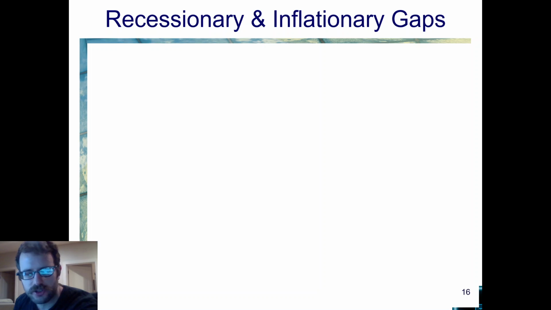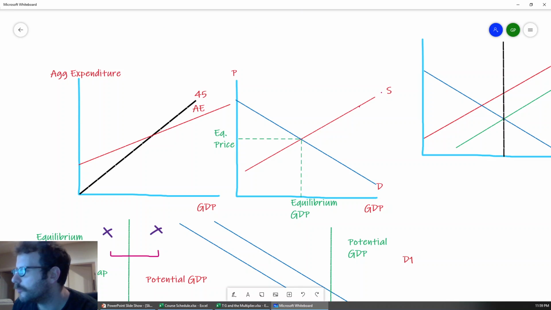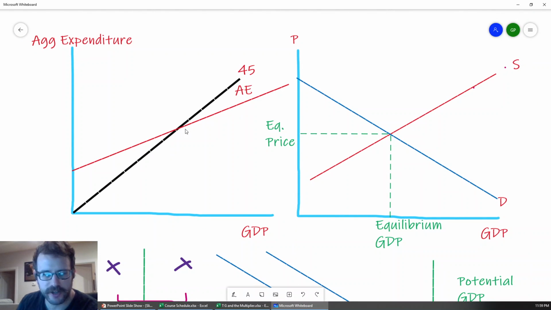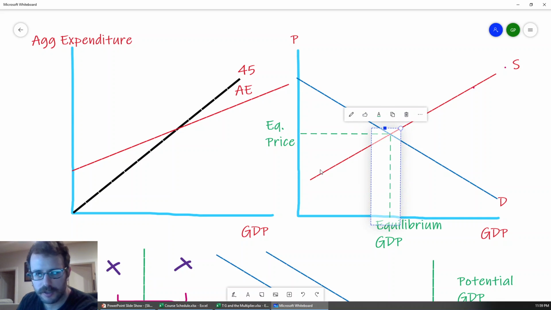So let's start with where we were before the midterm. I have here my aggregate expenditure model, my equilibrium GDP being here.